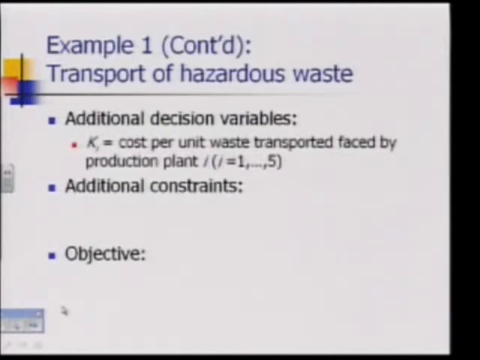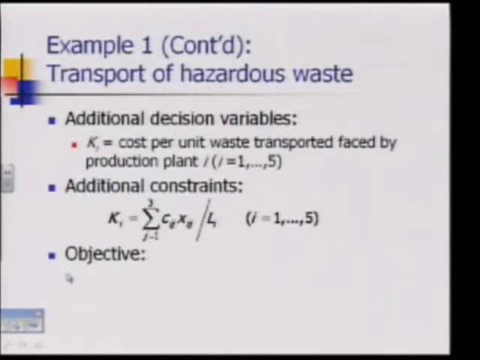Okay, so for instance, previously we know the unit cost, and then we just try to calculate the assignment, right? And now we need something more in order to optimize whatever we want. Of course, you can say, well, I introduce whatever decision variable immediately related to what I want to optimize. If that's the case, then I can just say cost per waste transported by a particular plant I, and then I have this Ki about the cost. And an additional constraint I want to say is about this.